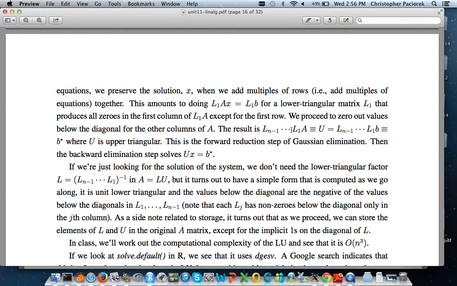So all of the quantities that make up the LU decomposition are quantities that we computed along the way of doing Gaussian elimination, and they go into place in a nice way.